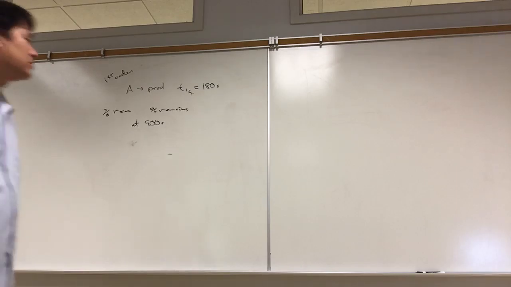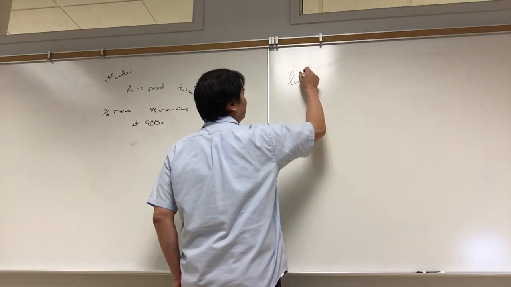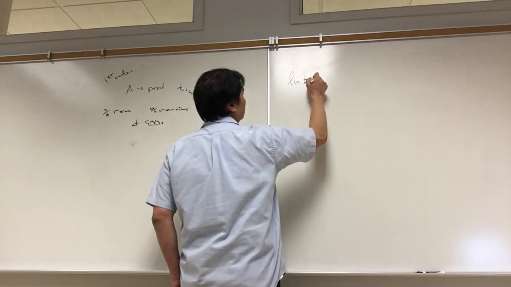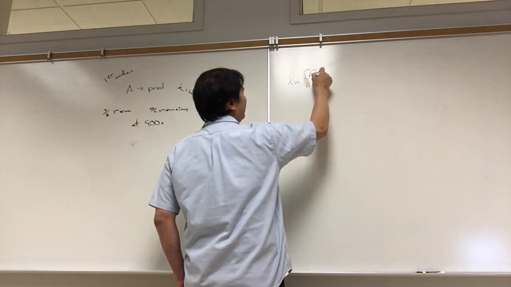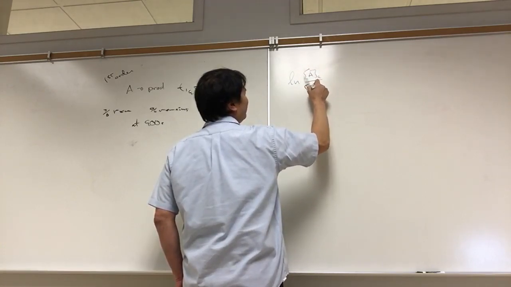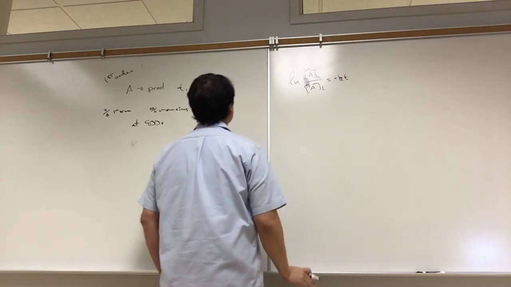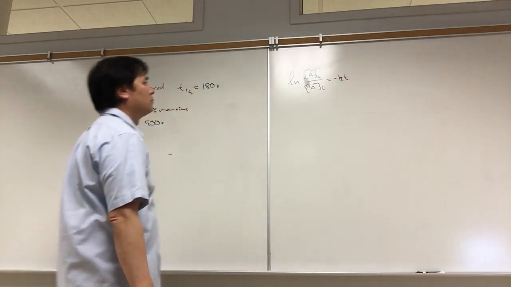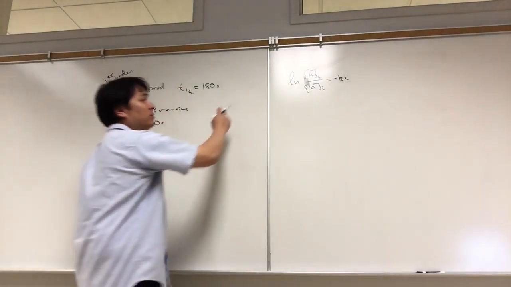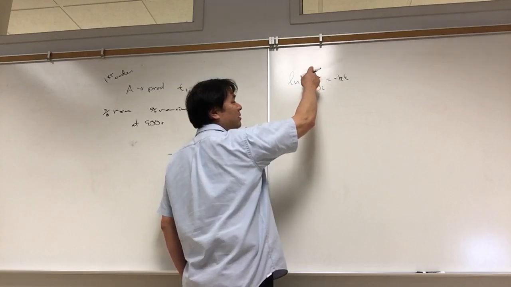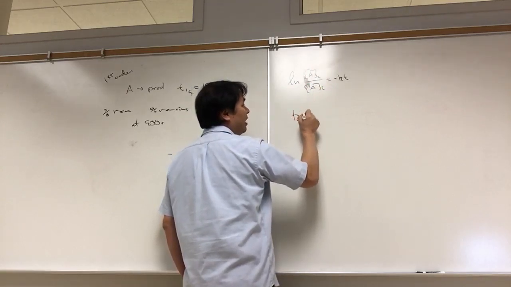To calculate this, we need the integrated rate law, which is ln of A at time t over A initial is equal to minus kt. I could either solve this equation for t, knowing that A at time t is half of A initial, or I could just use the half-life equation.